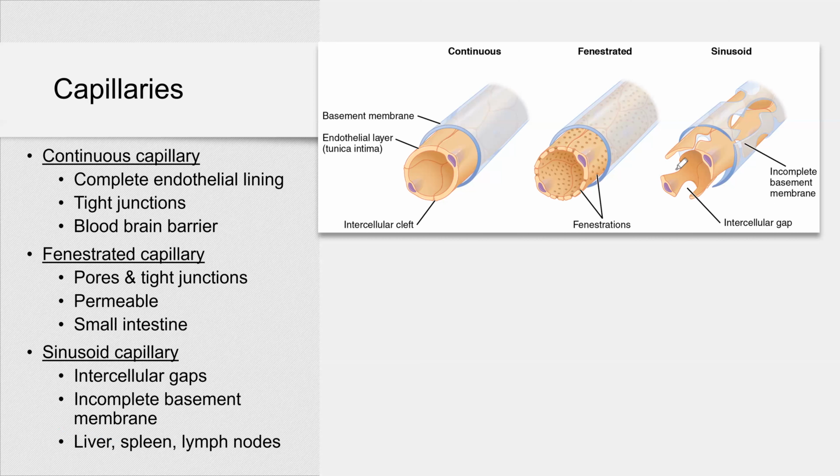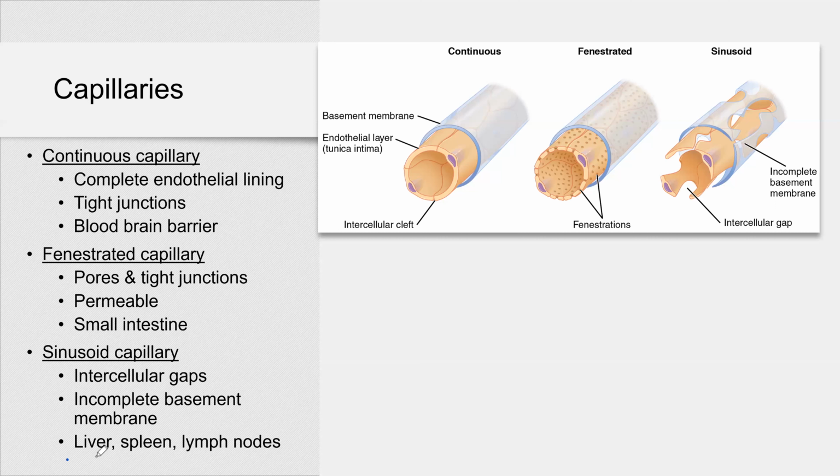So when red blood cells after 4 months become old, they don't function properly anymore, they move through these gaps within the liver and spleen, and then you have macrophages in the liver and spleen, and they're going to destroy, digest, I would say, those old, worn out red blood cells, and recycle whatever they are made of, right?